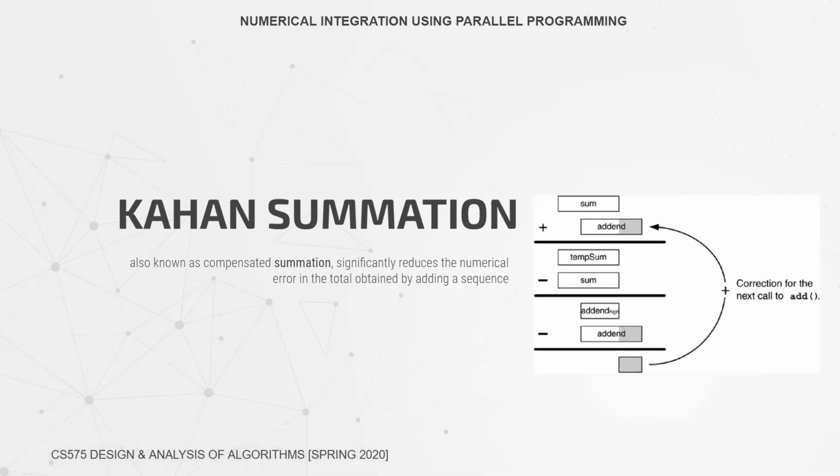Simply summing n numbers in sequence has a worst case error that grows proportional to n for random inputs. But with the Kahan summation algorithm, the worst case error bound becomes independent of n. So a large number of values can be added with an error that only depends on the floating point precision. So this is the idea of Kahan summation.